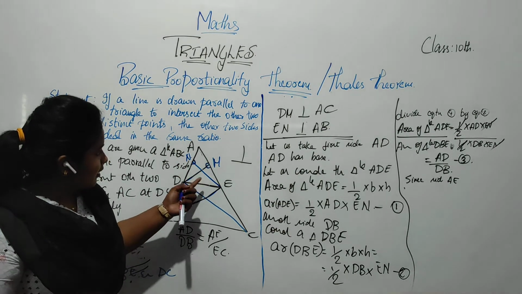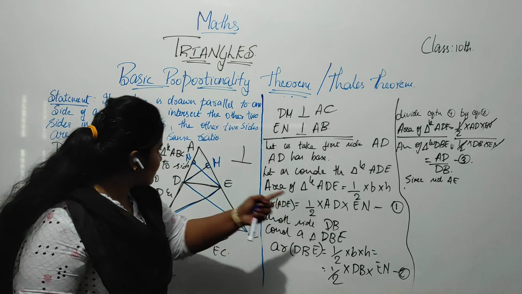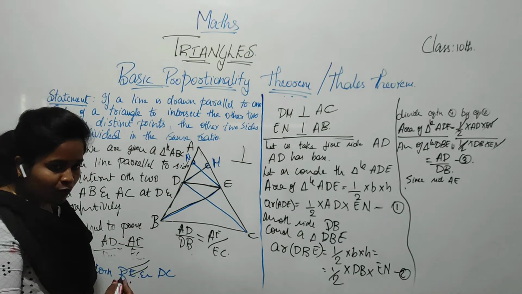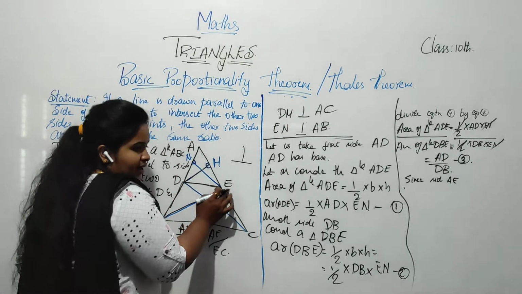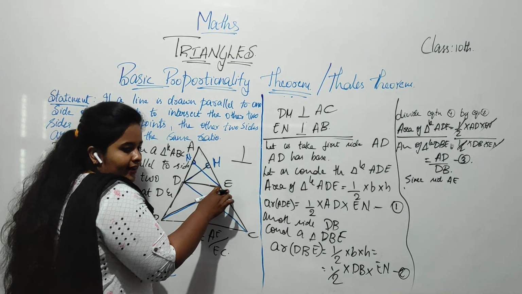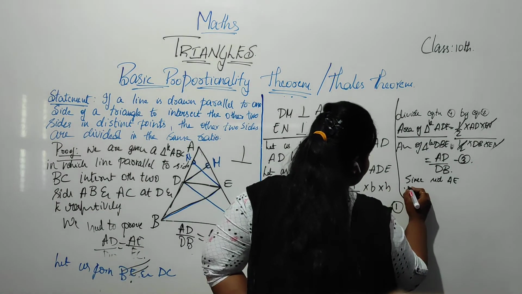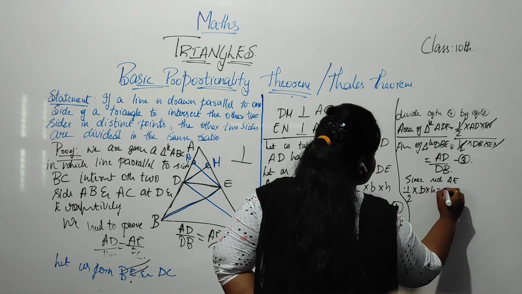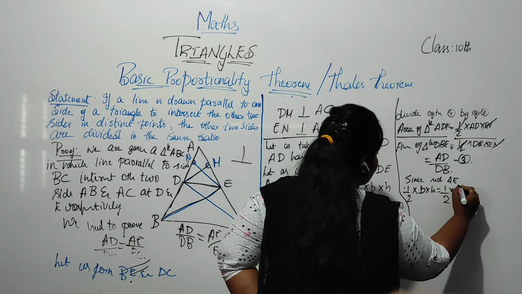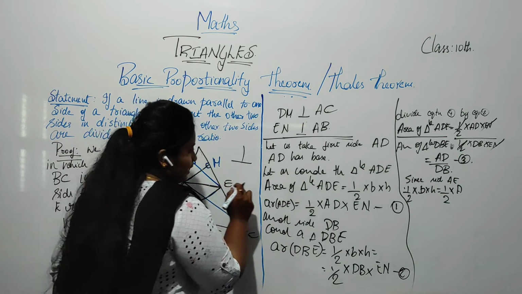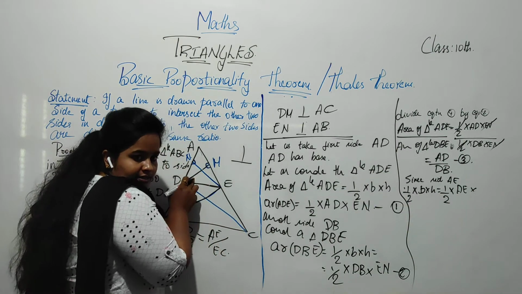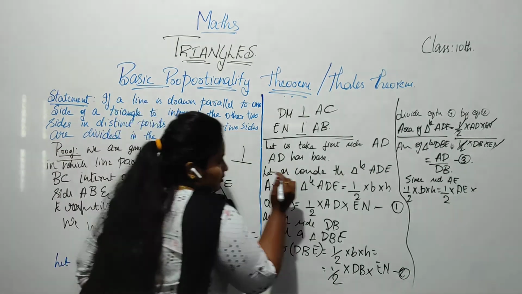Previously we considered AD as base. Now I am going to take another side as base of this triangle. So half into base into height: here the base is AE, and the perpendicular line drawn from D is DM.